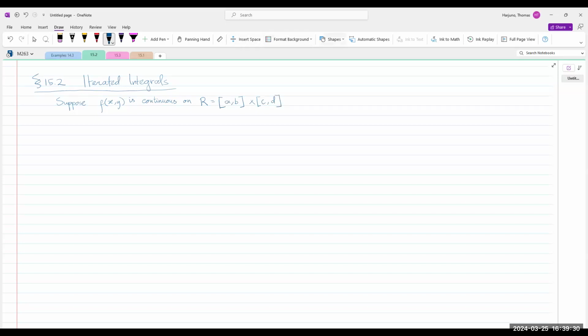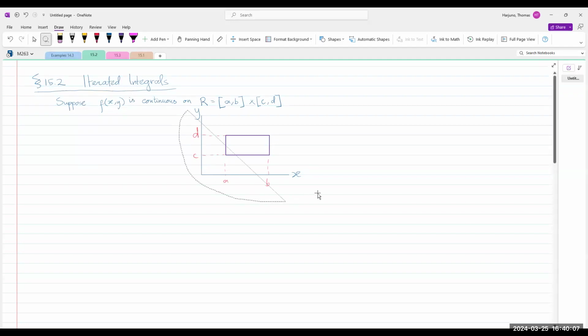So imagine we have a domain R. Let's say this is the x-axis, this is the y-axis, and this is our domain of integration, where this is a to b by c to d.